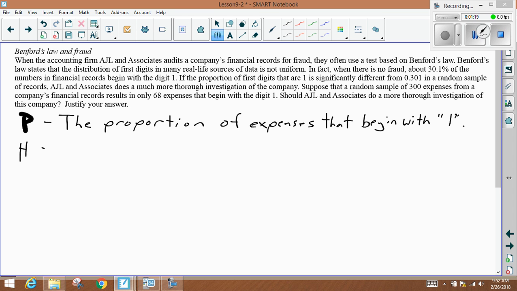So at this point in time, we need to decide what are we looking for? The proportions that are greater than 0.301? Or are we looking for the proportion that are less than 0.301? Or does it not matter if they're less than or greater than, but what really matters is that it's different from 0.301?